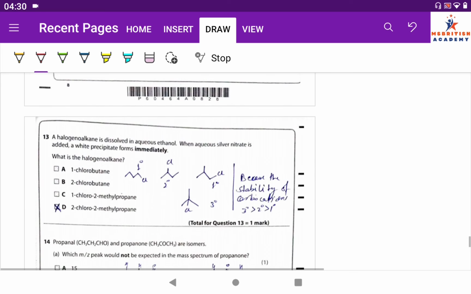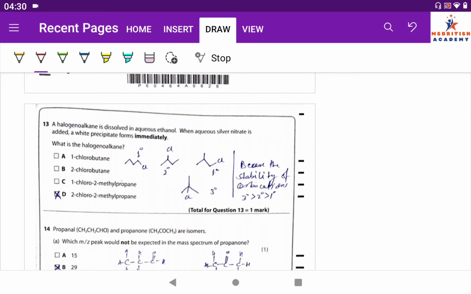Now question number 13. A halogenoalkane is dissolved in aqueous ethanol. When aqueous silver nitrate is added, a white precipitate forms immediately. So we have to check which rate of reaction will be faster.